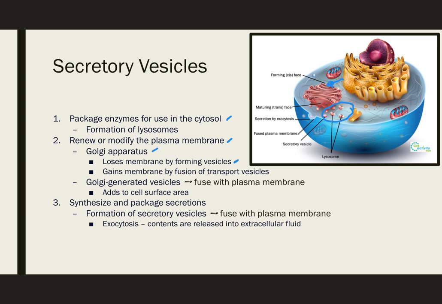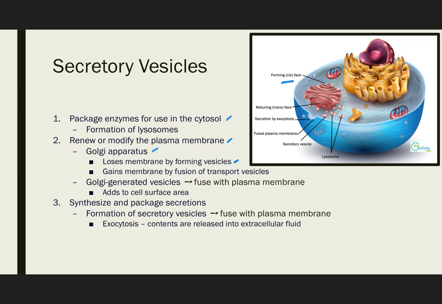So notice how we have a forming phase on this end and a maturing phase on this other end of the Golgi apparatus. So when Golgi-generated vesicles fuse with the plasma membrane, it adds to the surface area of the cell, balancing the membrane loss that occurs during endocytosis.